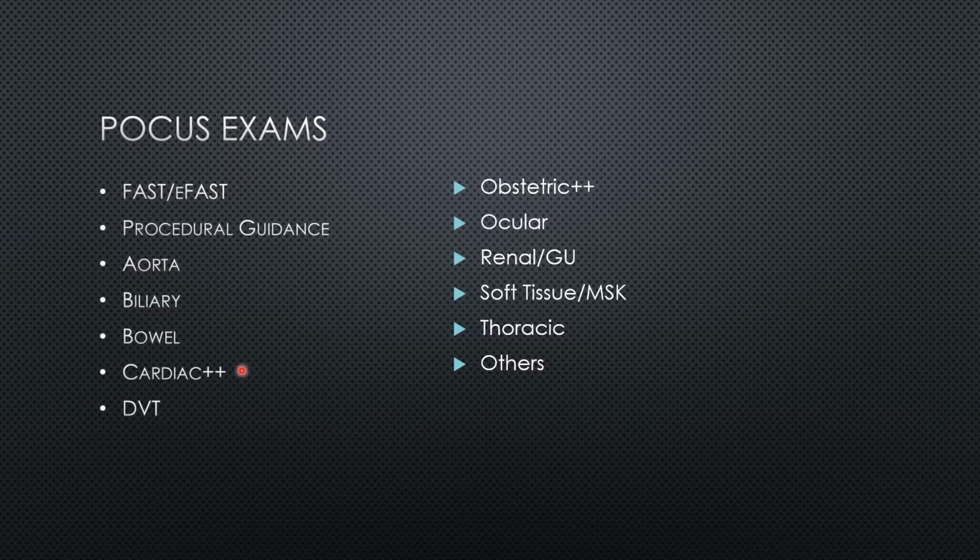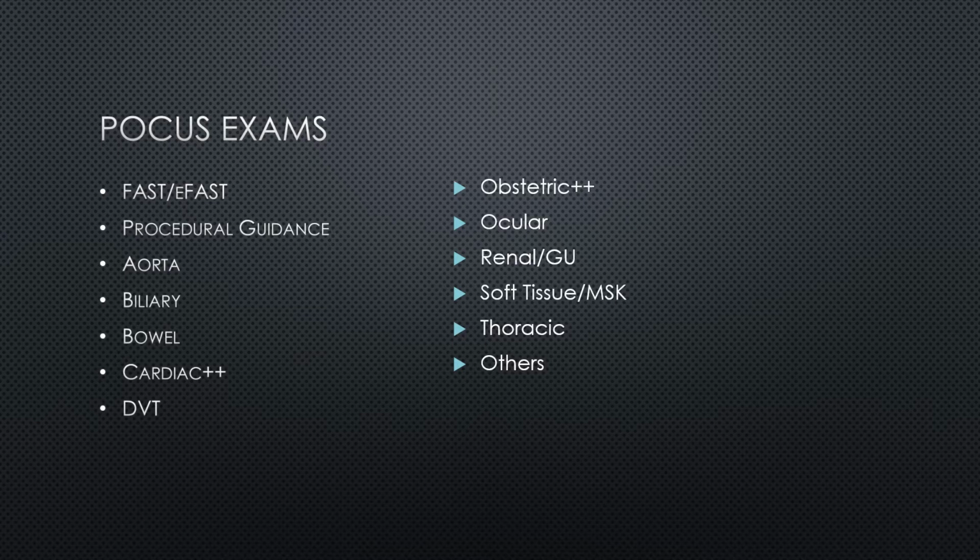You'll notice that two of these exams are marked, the cardiac and the obstetric, basically because most of these are external exams, right? So your FAST exam, procedure, the ultrasound probe is on the outside, it's a non-invasive exam. Both the cardiac and the OB have invasive forms of their exams. Cardiac has the transesophageal, and OB has the transvaginal.